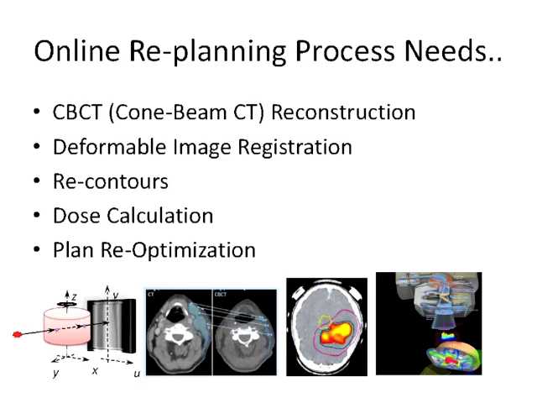So one of them is the CBCT, cone beam CT reconstruction. The difference between CT and cone beam CT is that cone beam CT is much smaller, much faster and more coarse, but you cannot do the regular CT when the patient is lying down, to evaluate where the new tumor is and so on.